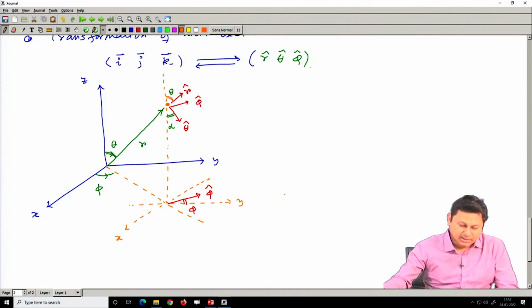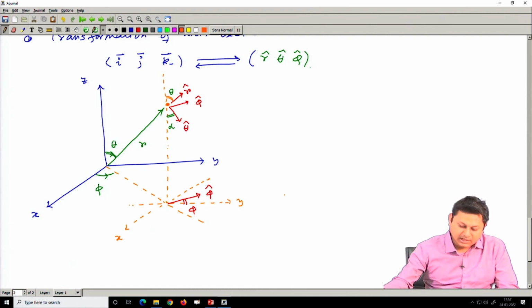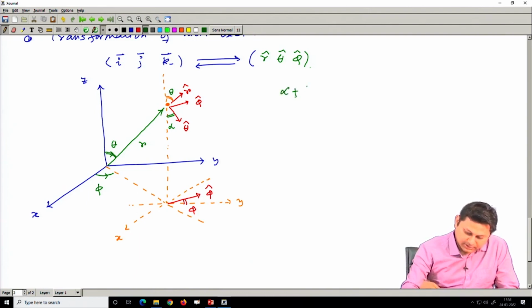That is the reason. Now, we can have another relationship with alpha, because alpha is the angle that I need to resolve. It follows a certain relationship: alpha plus theta has to be pi by 2. From the geometry, it is clear.